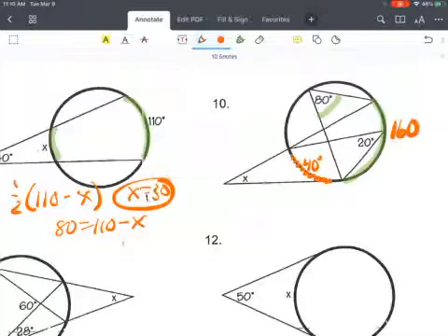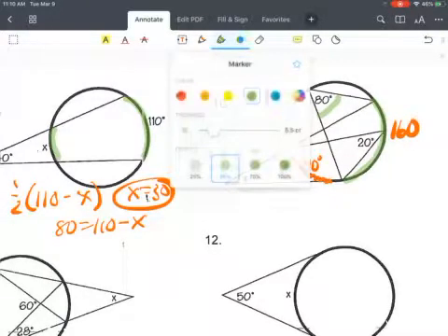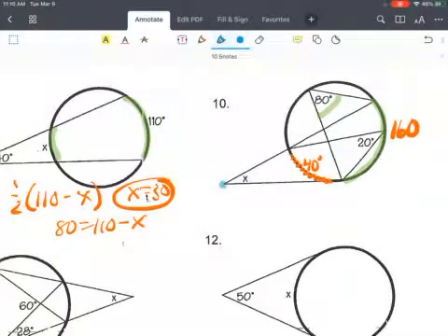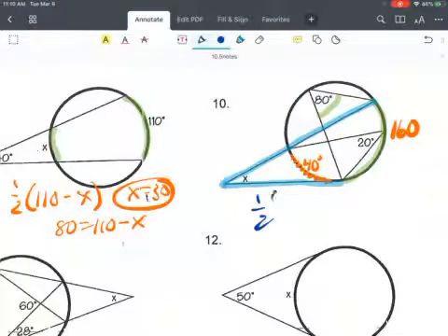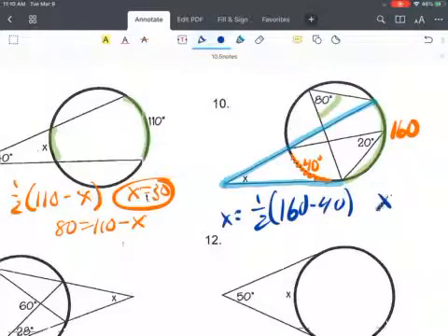Then I have an angle that is on the outside of the circle. And so that angle is going to be half the difference of my arcs. Half of 160 minus 40. So x is going to equal 60.